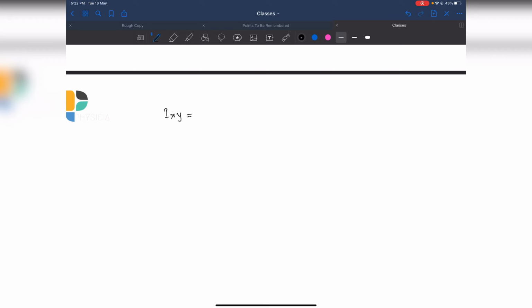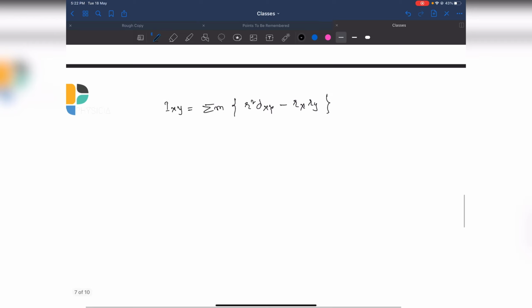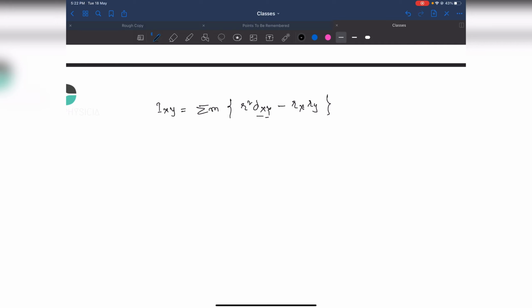So I can write it as summation of m, then there is our r squared del x y minus r_x r_y. Now since it has two different terms, this delta term is going to be 0, so the whole term is going to be 0, so I can write it as minus summation of m r_x r_y.